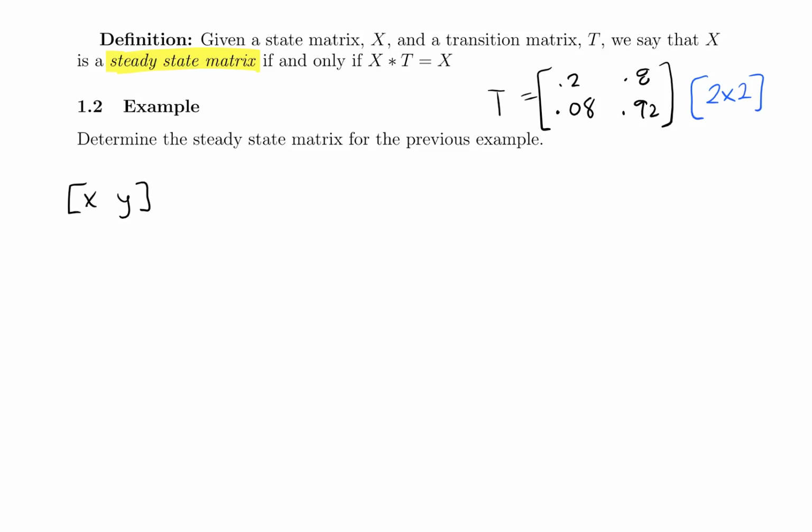So if we take the matrix that we are calling X, our state matrix, (x, y), and we multiply it by the transition matrix, 0.2, 0.8, 0.08, and 0.92, then we should get back the matrix X that we started with.